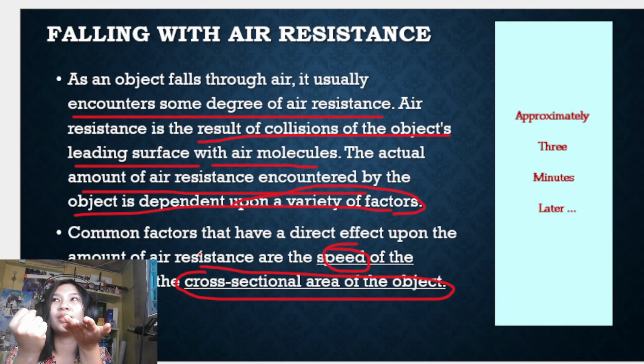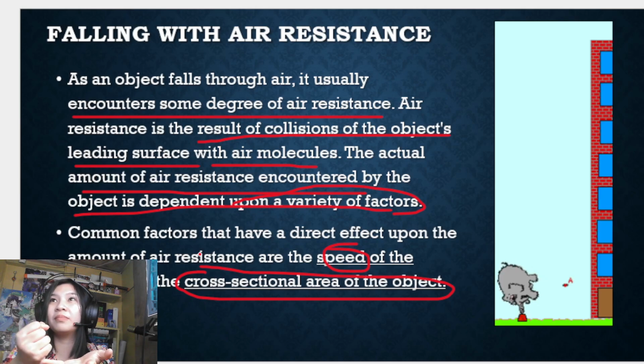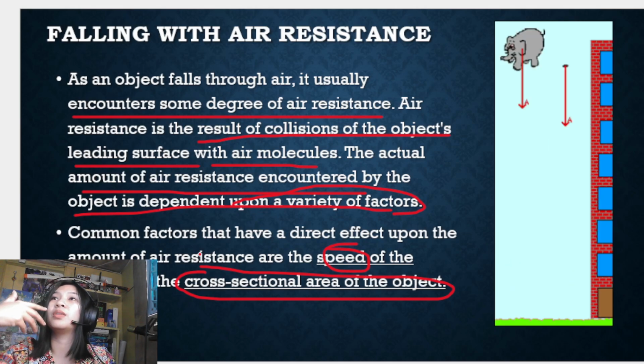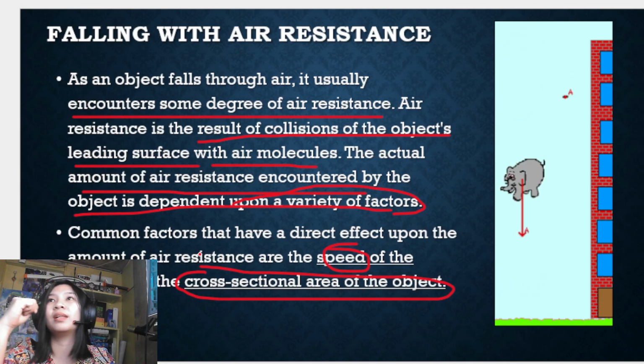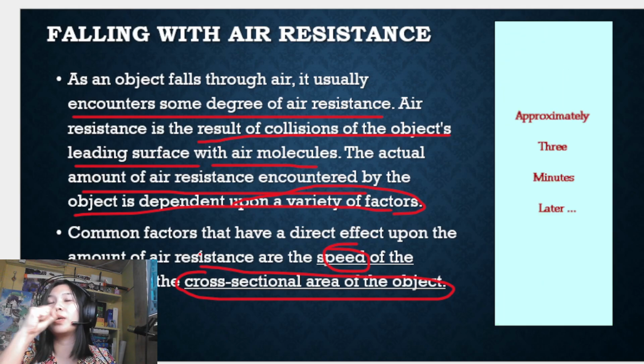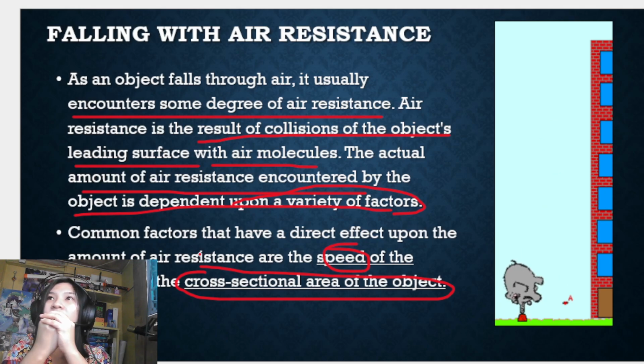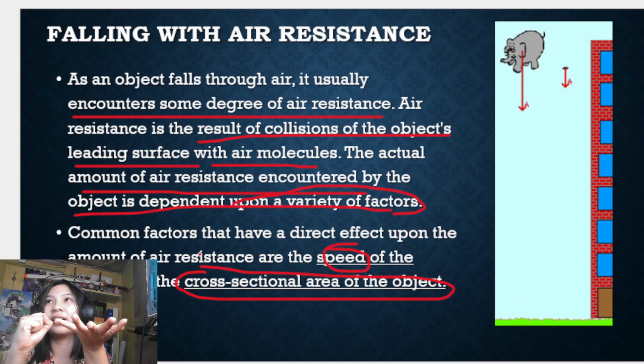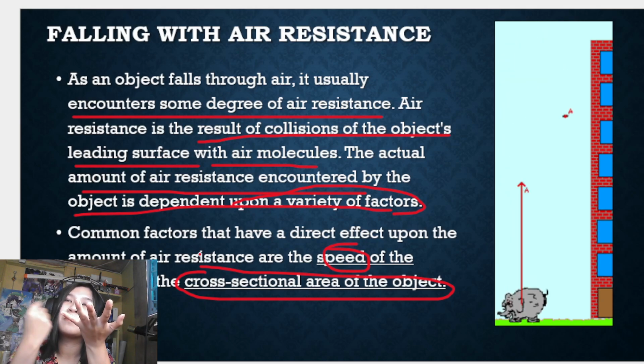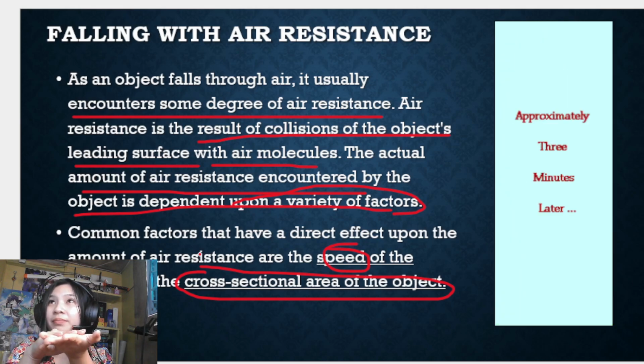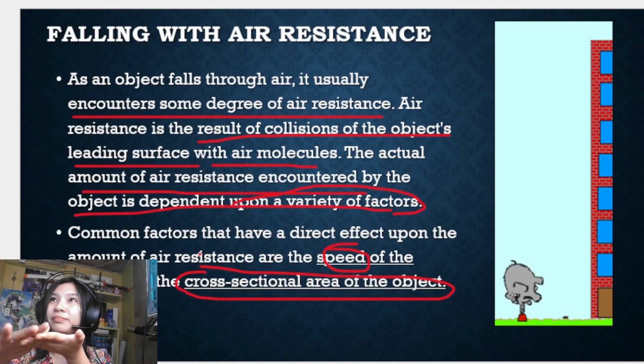When you let them fall at the same time, which one will go first? Of course, the one that will fall faster is the one that is crumpled. The one you crumpled, because it has a smaller cross-sectional area than the one laid flat or the normal one.